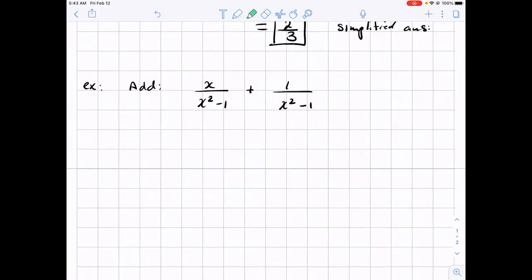So notice my denominator here and my denominator here are the same. So we already have same denominators.